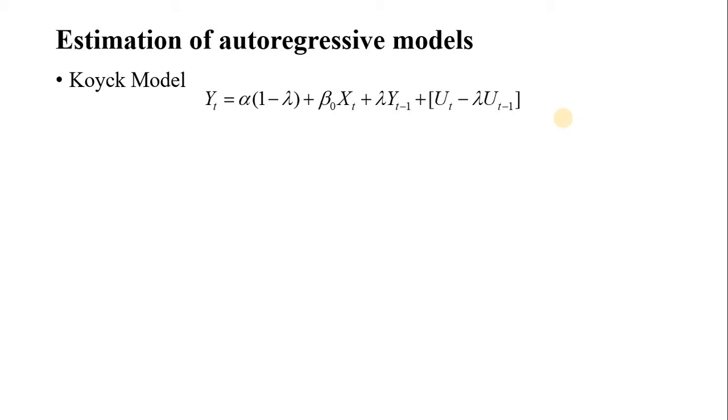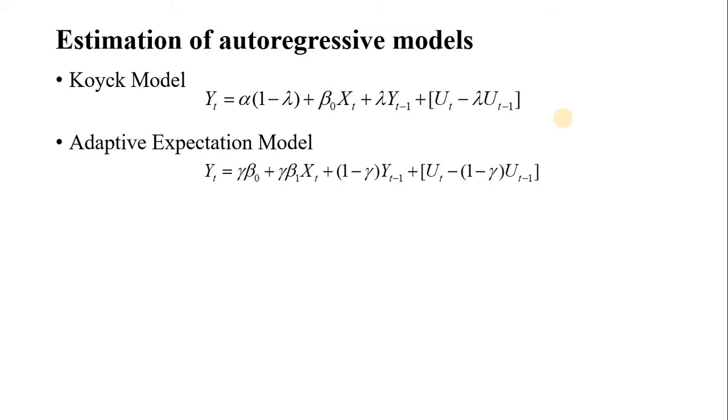Similarly, if you look at the adaptive expectation model, here also we can see the same pattern of equation. Earlier we had alpha(1 minus lambda) as the intercept, but here we have gamma beta 0 as the intercept, and instead of beta 0 xt we have gamma beta 1 xt.